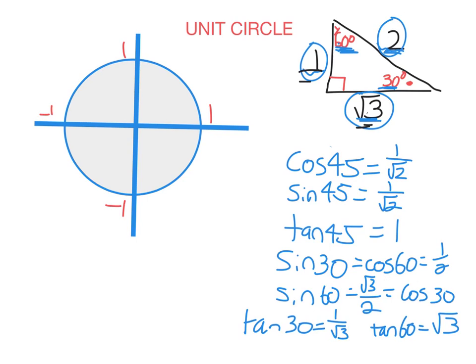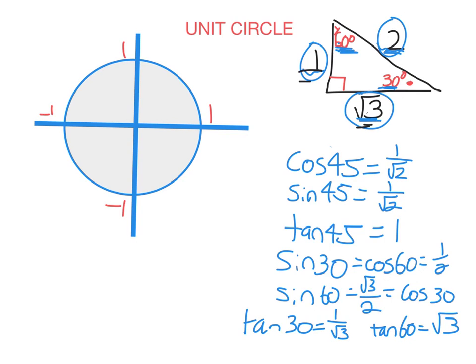So what I want to do is be able to find the sine, cos, or tan of any angle up to 360 degrees, because there's 360 degrees in a circle. So I'm going to find the sine, cos, or tan of an angle, and that angle is going to be made with the positive x-axis, which is this one here.